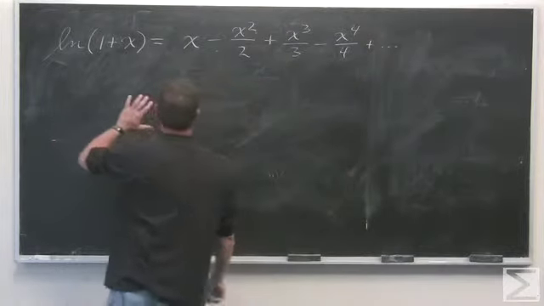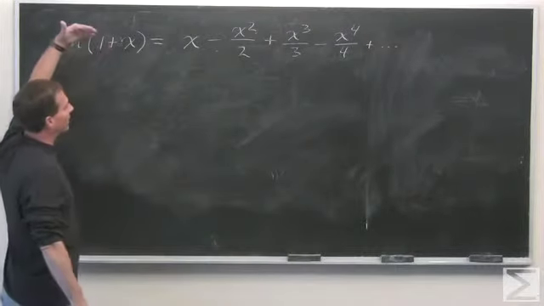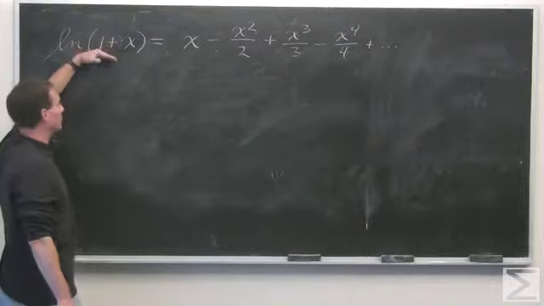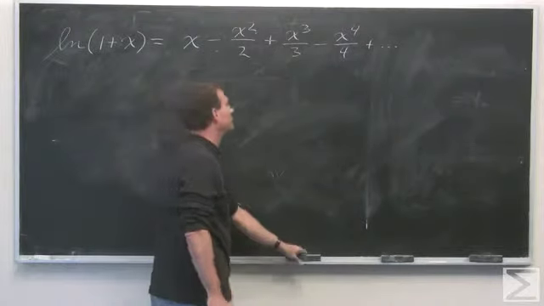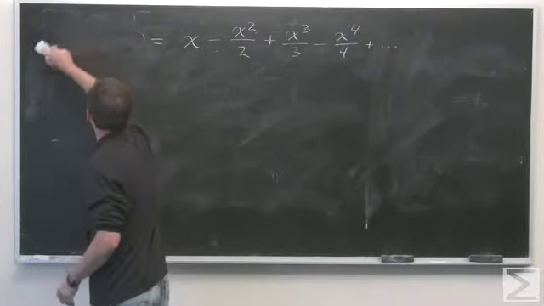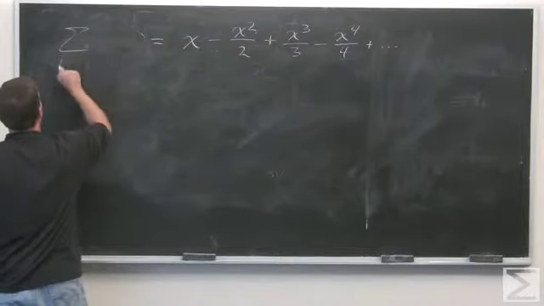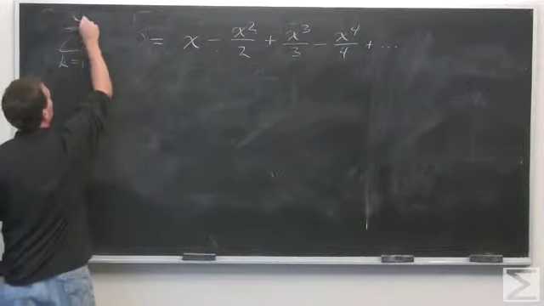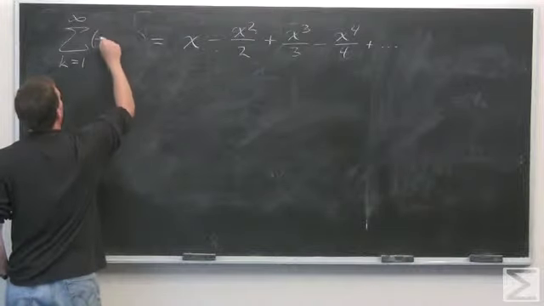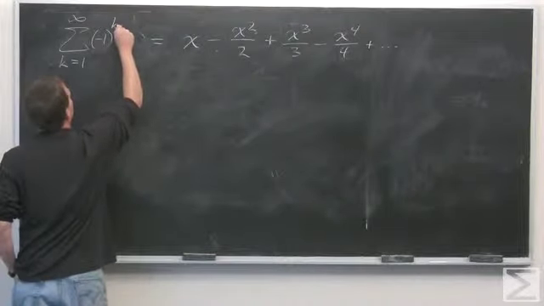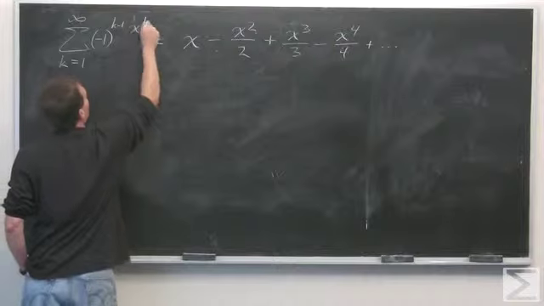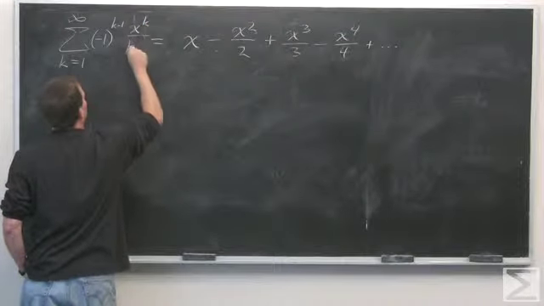It does this, ignoring that it equals the natural log of 1 plus x. So we've got this infinite series that is just the sum as k goes from 1 to infinity of minus 1 to the k minus 1, x to the k over k, no factorials.